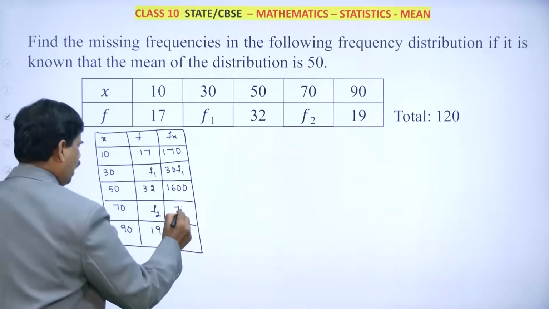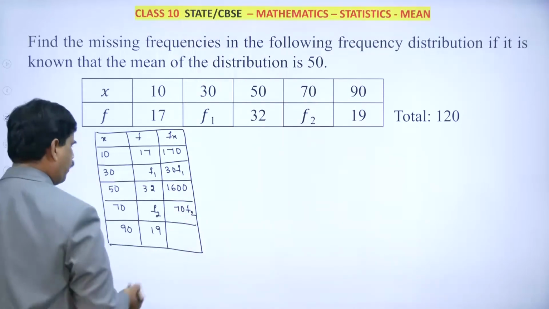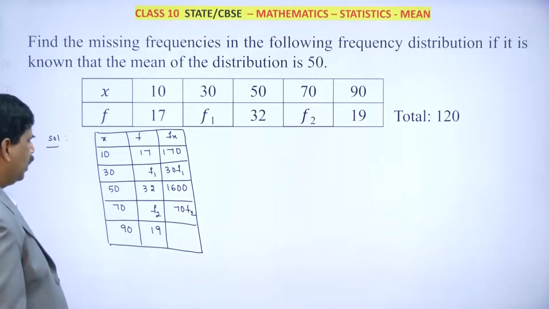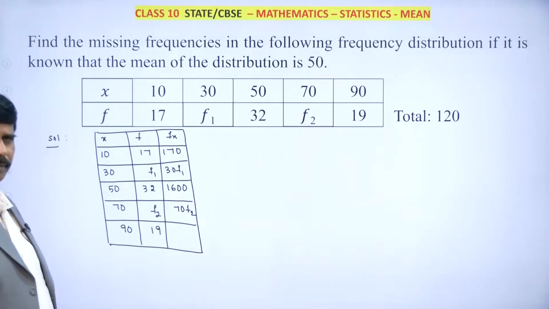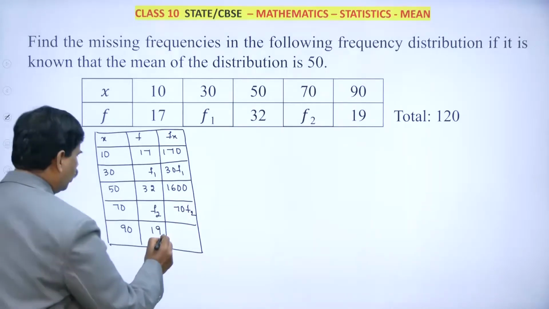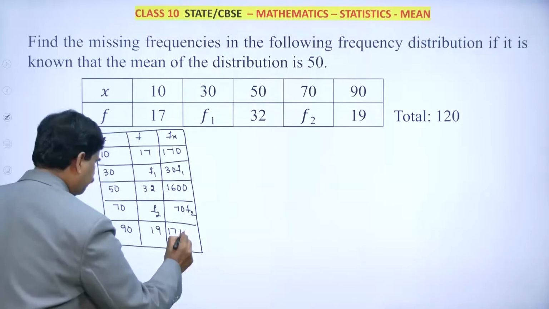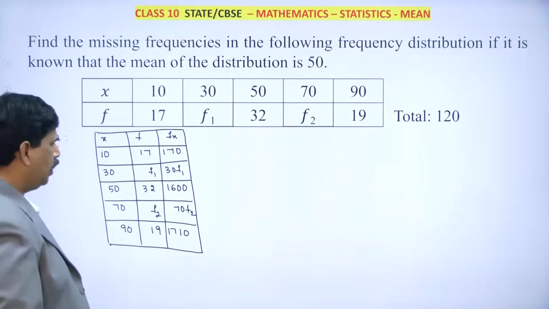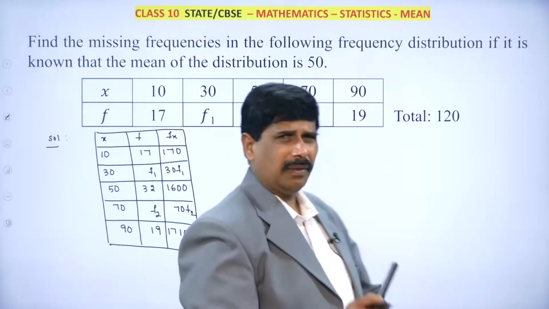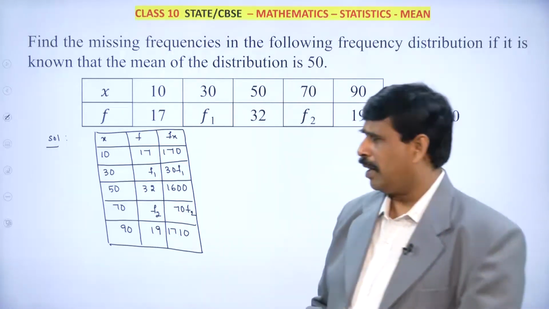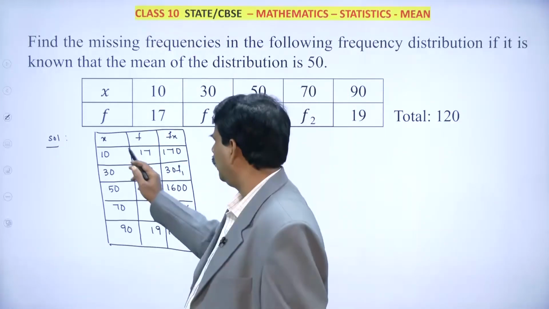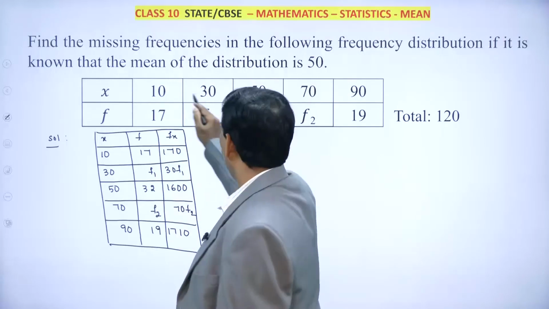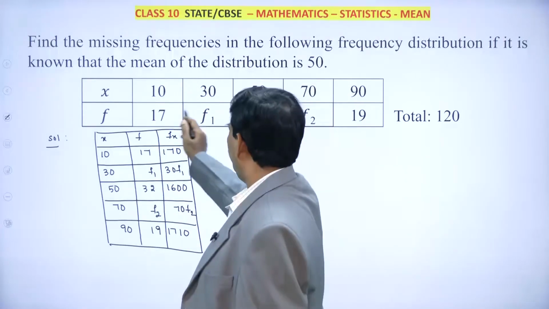This will be 70 f2. Now multiply 9 into 19, 171. So it is 1710. Is it clear, children? So what we have done here, we constructed a table with x and f. X values are with us, f values are there.